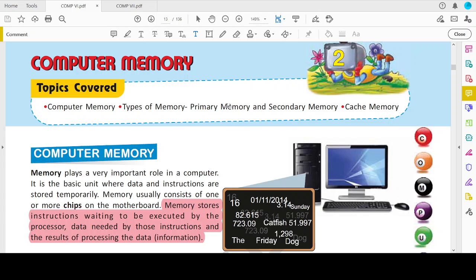Now why are both used? Primary memory is a memory, and secondary memory is also a memory. What is the difference between primary and secondary?